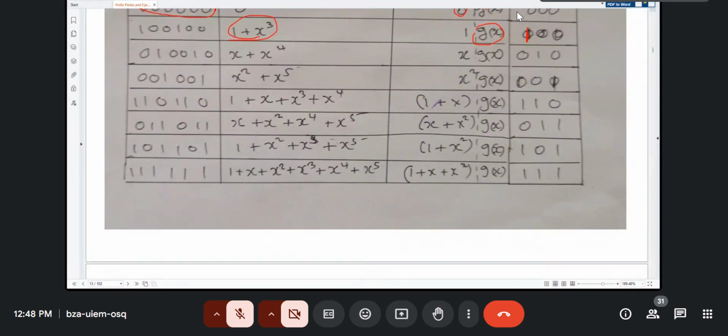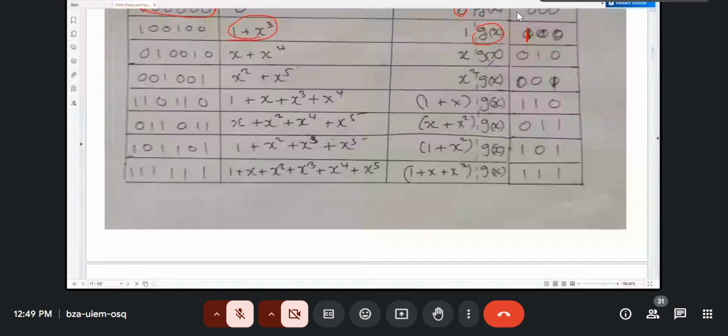So what we are doing is we are adding gx and xgx. You can see these are 2, this is gx. 1 times gx is gx plus xgx. So we're adding this one and this one to get this one. Then this one, we are adding xgx and x squared gx.